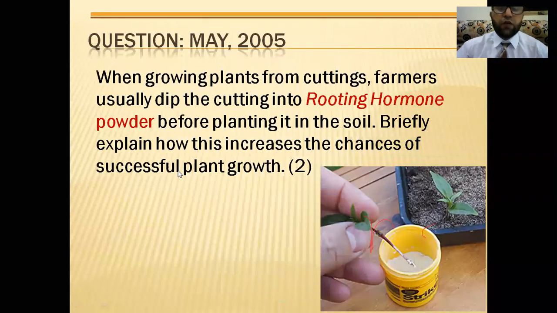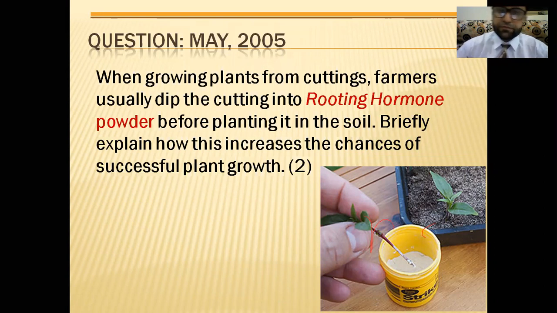Now, another question we have. When growing plants from cuttings, farmers usually dip the cutting into rooting hormone powder before planting it in the soil. Briefly explain how this increases the chances of successful plant growth, right?